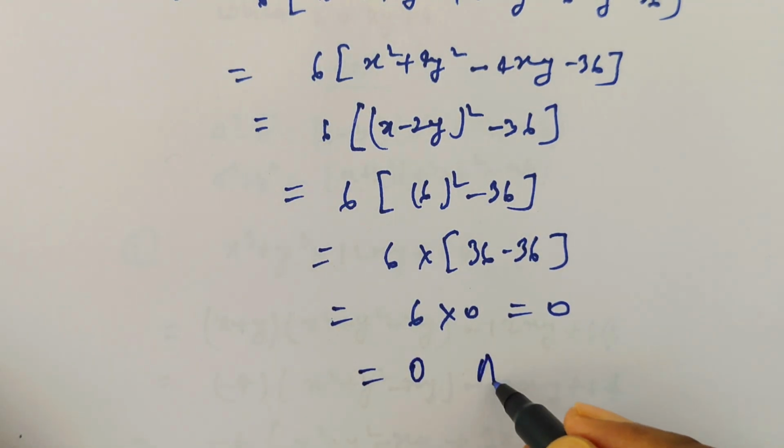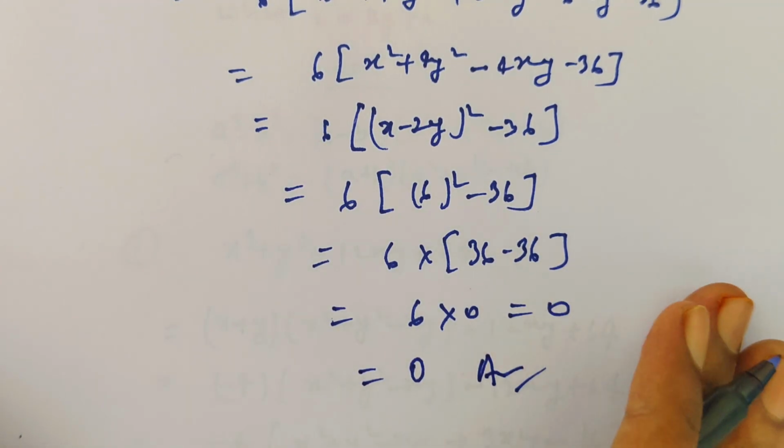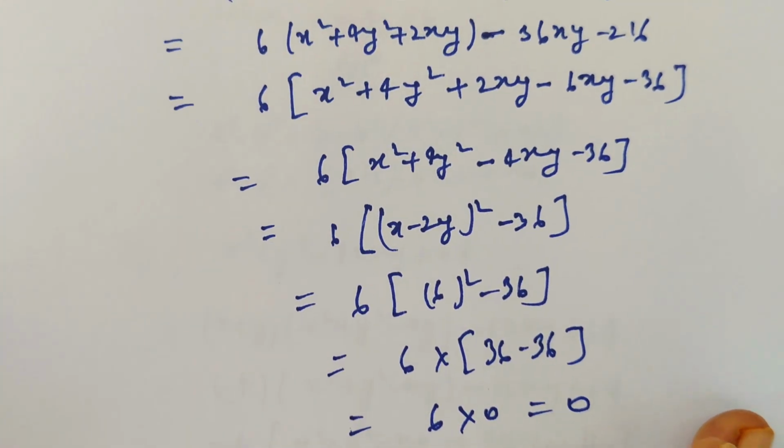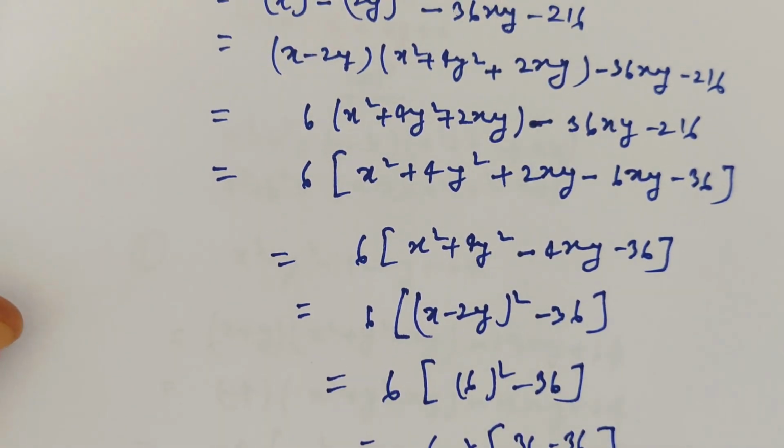You can write that the final answer of this expression is 0. So I have done both questions in detail and got 0 for both. This is the way to solve such questions, and you can solve many questions on this basis. I will meet you in another video. Till then, goodbye.